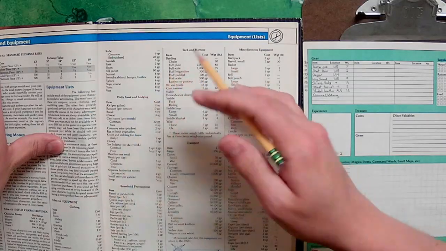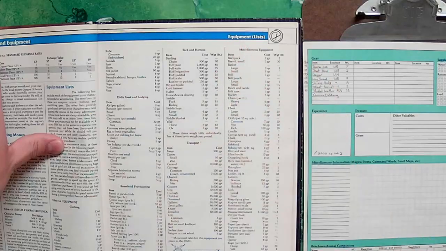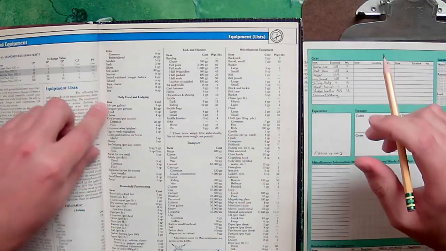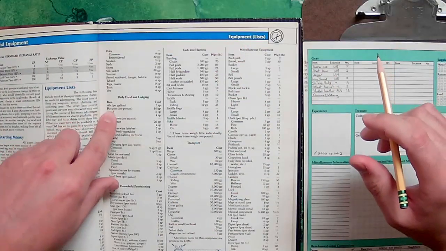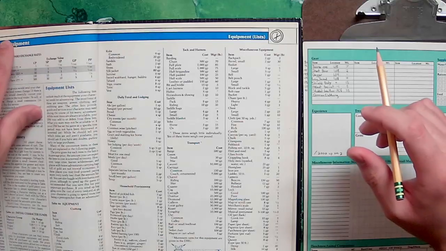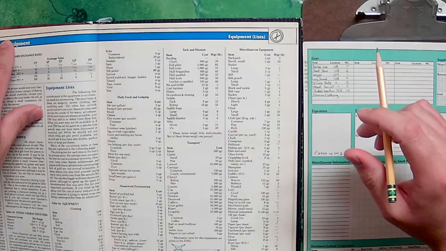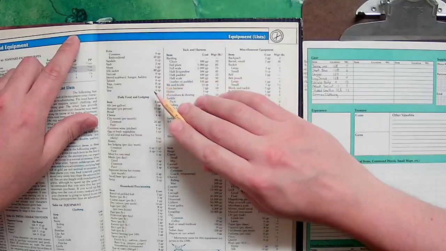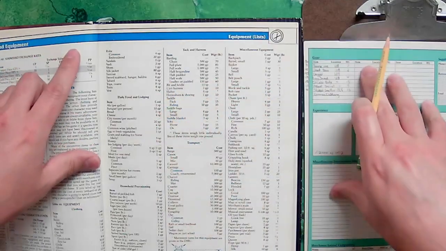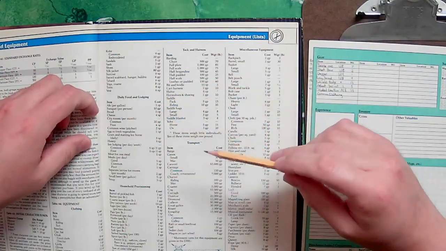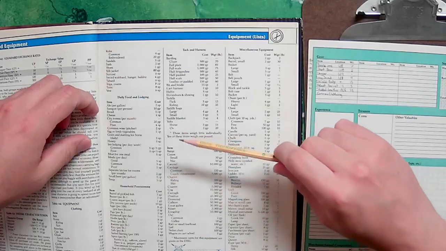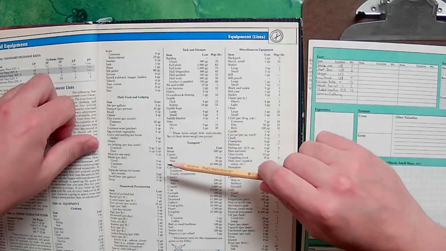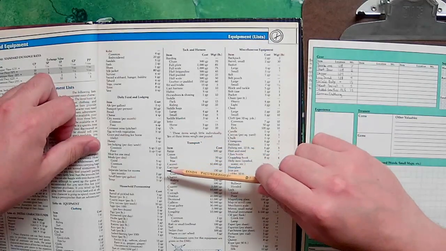Common clothing would be a robe. There's no weight to it, so it doesn't say. Looking through the list now. Shoes. Okay, daily food and lodging. Ale, cheese, city rooms, common wine, honey, meals per day.